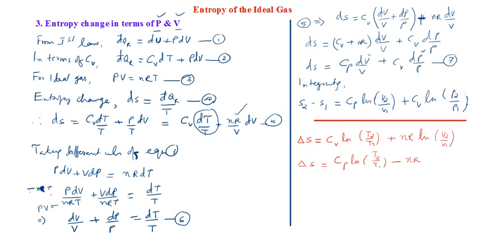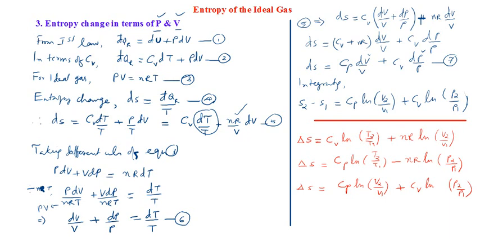Minus nR log P2 by P1. And the third equation which we have derived right now is delta S equal to Cp log V2 by V1 plus Cv log P2 by P1.